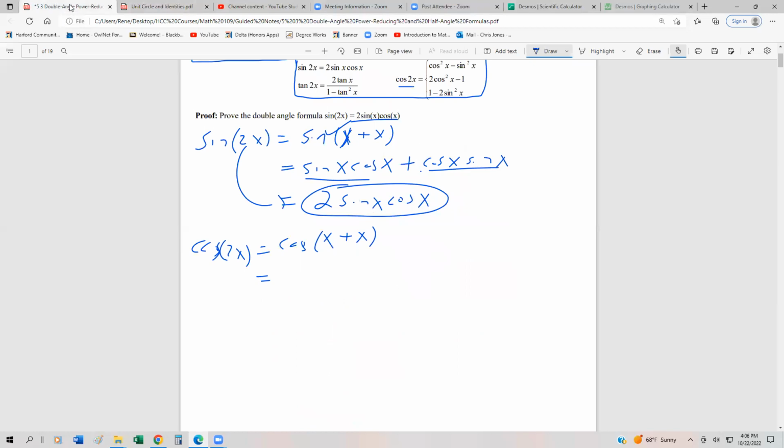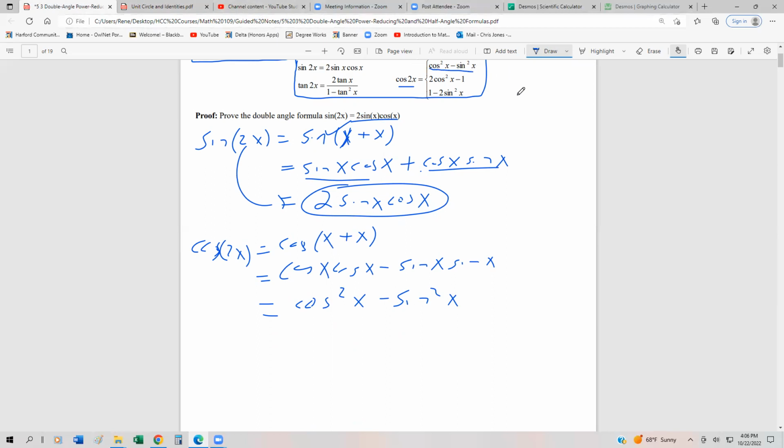So this is going to be cos x cos x minus sine x sine x, or I could write that as cos square x minus sine square x. Now that is not 1. That's cos square x minus sine square x. And so actually that's this formula right here.